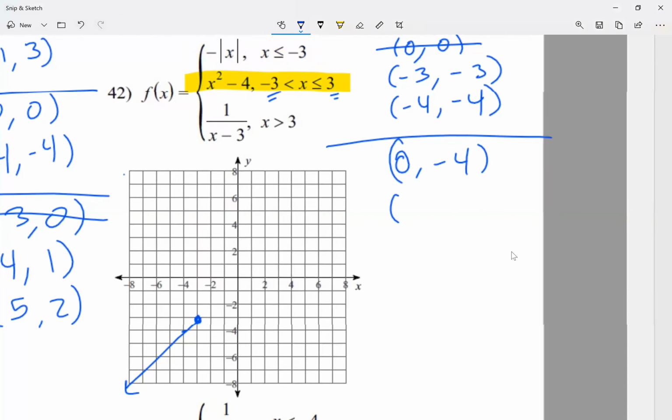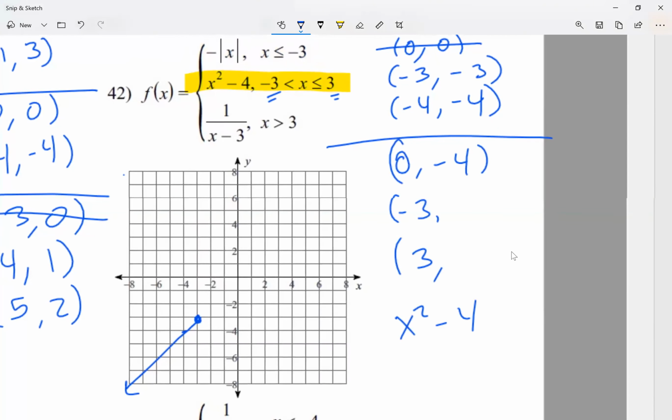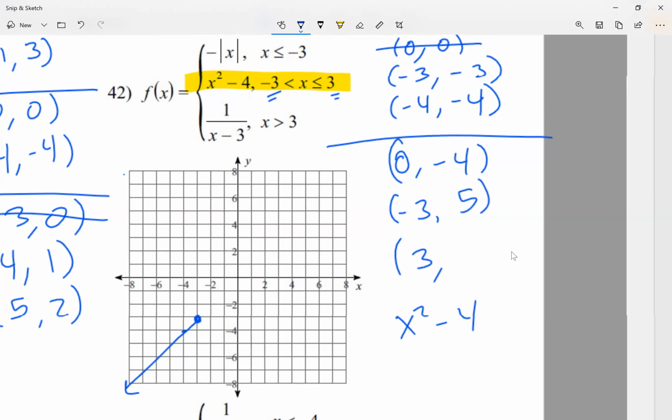So I'm going to choose negative 3 and positive 3. Remember, my equation is x squared minus 4. Now, what if x equals negative 3? That gives me 9 minus 4, which is 5. What if x equals 3? 3 squared is 9 minus 4 is 5.